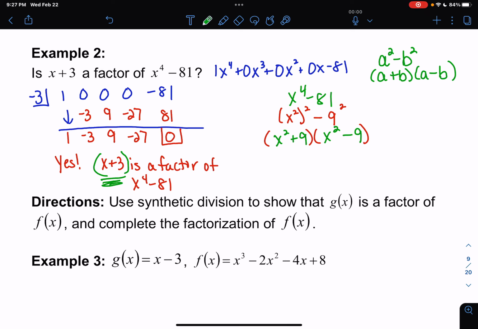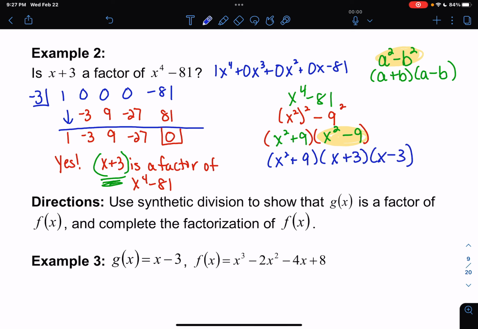So we could factor this even further, since our x squared minus 9 also falls into this model equation, a squared minus b squared. It's a difference of 2 squares. We can then factor this as x plus 3 and x minus 3.